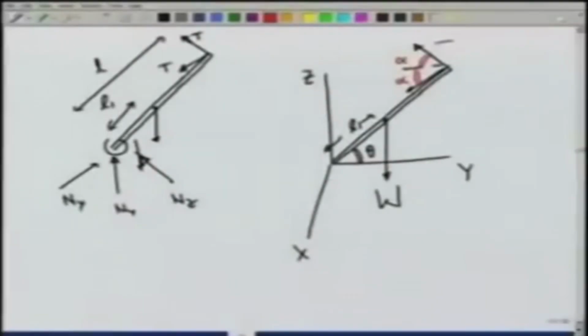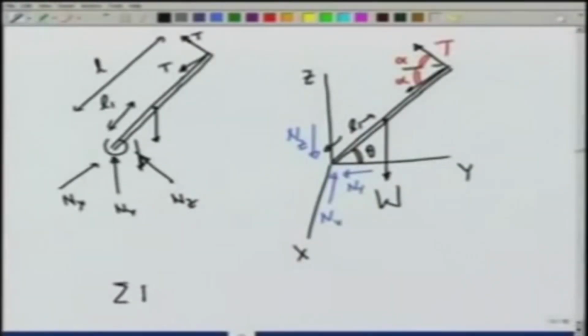We want to find out the tension in the rope and the forces Nx, Ny and Nz. At this point, I am making all the forces towards the origin, but it does not matter.